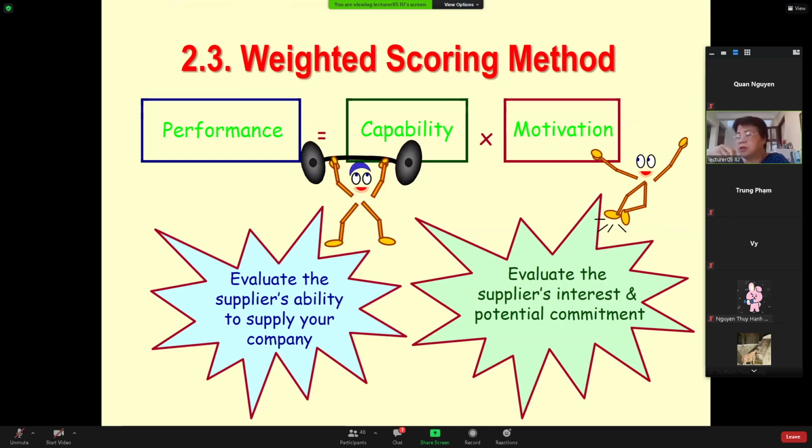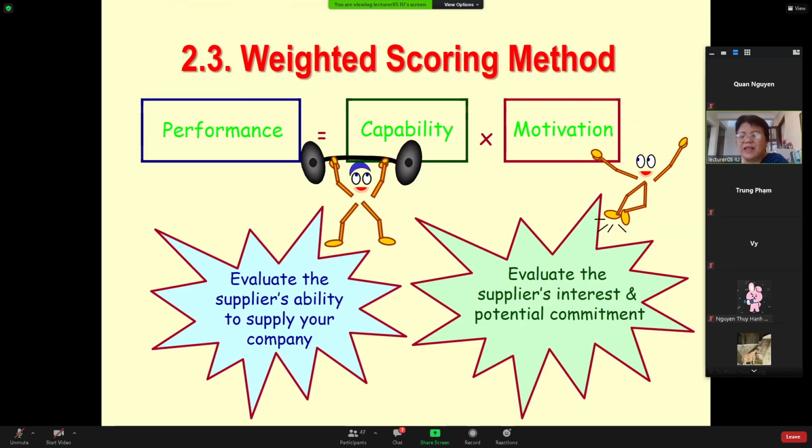The weighted scoring method, I talked about that last week in total best value. The weighted scoring method is a way to weight the importance of the criteria that you set in your project. So performance equals capability multiplied by motivation.